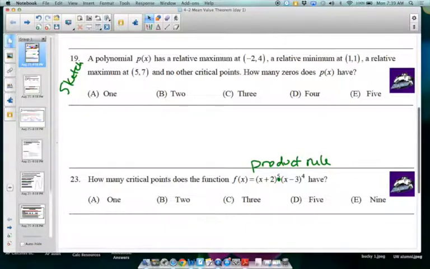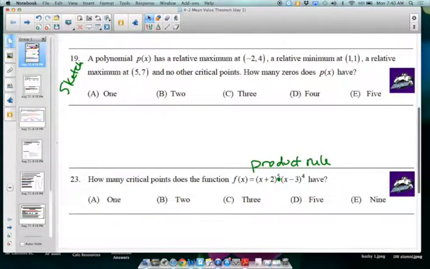Okay, we got 30 seconds left. When you said how many zeros does it have, are you talking about how many derivatives of zeros, or how many times does it cross the x-axis?